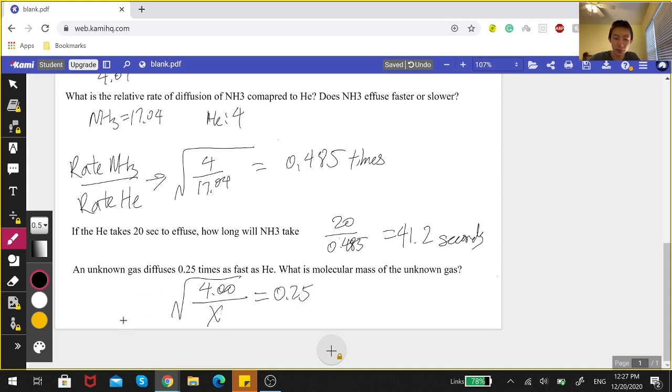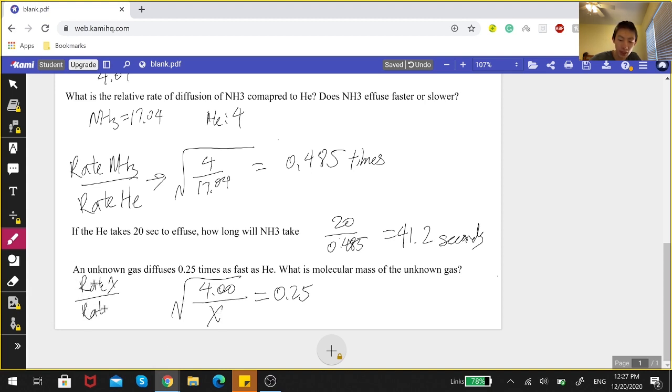So what does that mean? It means rate of X divided by rate of He gives us He on the top and X on the bottom, which gives us a number smaller than 1. And X has to be bigger than helium since it diffuses slower. Let's square both sides, which gives us 0.25 squared.